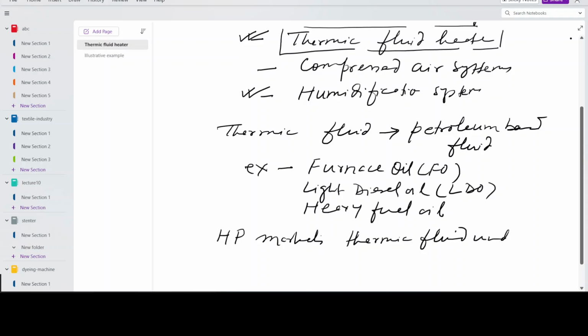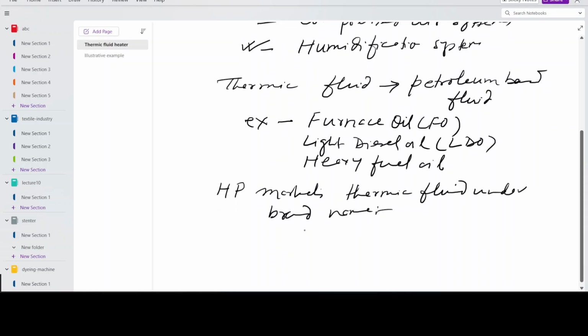under brand name Therm 500 and Therm 600.